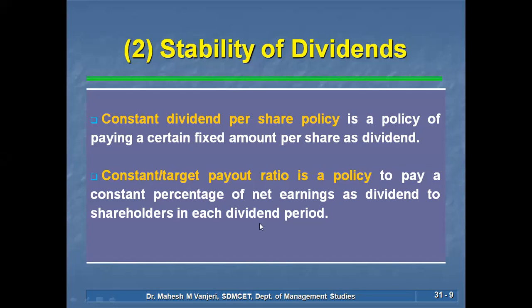Now just apply our common sense or general knowledge. What is the disadvantage of the first policy, and what is the advantage of the second policy? Who will explain? Just by looking at that, you will be able to understand.